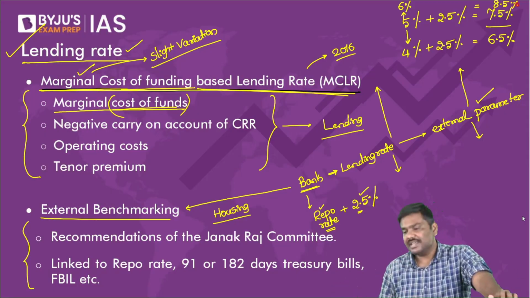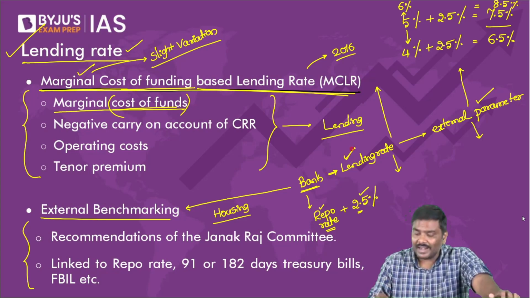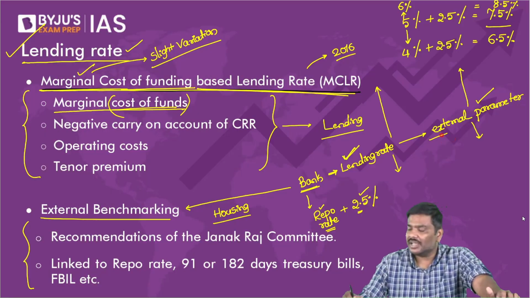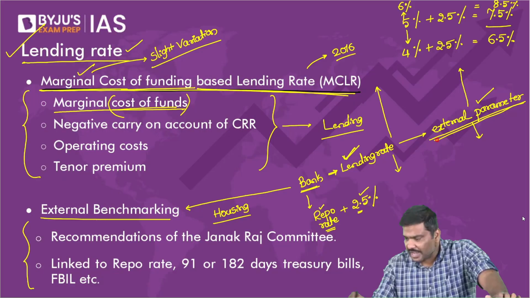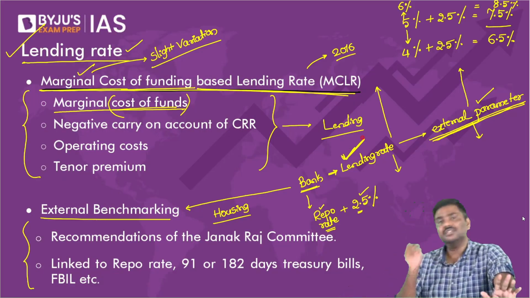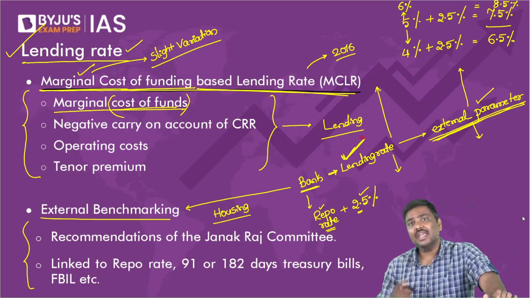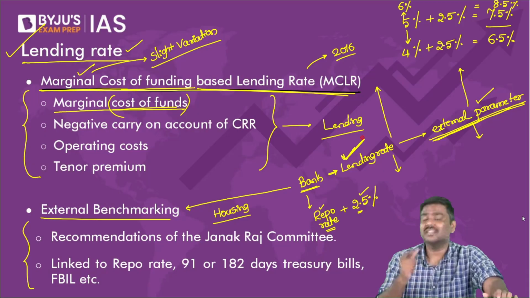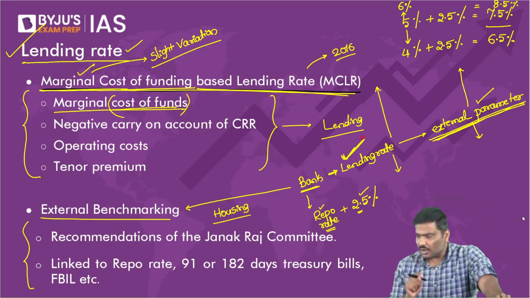Now, can I simply say this lending rate of a bank is connected to the external parameter? And when the external parameter changes, automatically the lending rate of the bank will also keep on changing. Don't you think there is better transparency in how loan rates are decided? Is the logic okay with all of you?